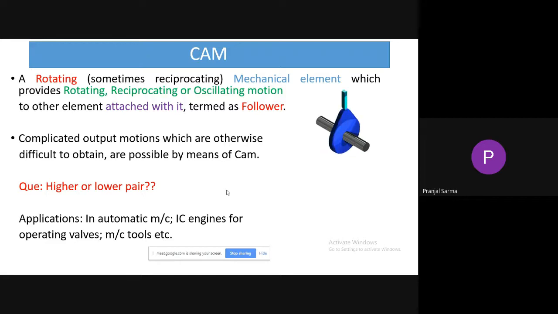After that, there is a limited time frame for which the intake valve should remain open, so that the total complete intake is possible. After that, it should remain closed during the compression as well as the power stroke.